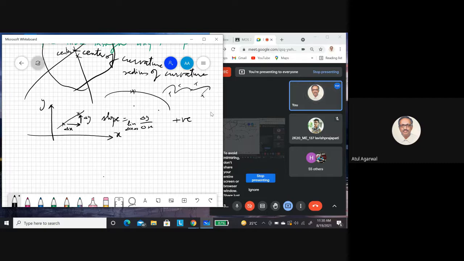Now suppose you have a line like this. You are at this point. If you increase your x, you come to this point. So this is your delta x. Now you see this is your delta y. The delta y is negative. Your y has reduced, and your x has increased. So your ratio is negative, so your slope is negative.